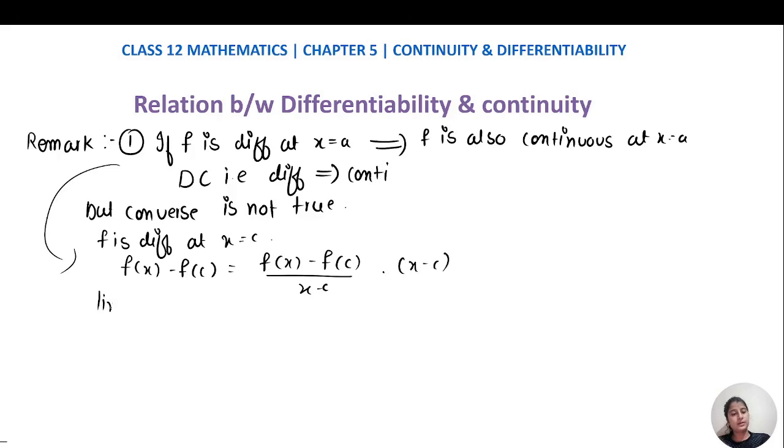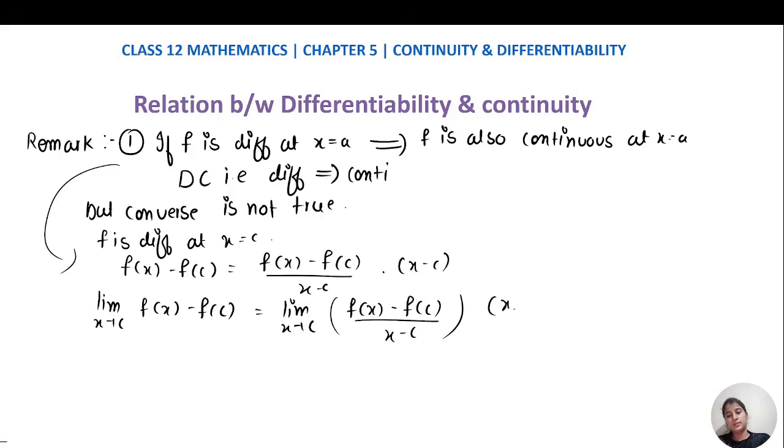Now take the limit as x tends to c. We know that the limit of (f of x minus f of c) divided by (x minus c) will exist because the function is differentiable. This is nothing but the derivative of the function, and the limit of x minus c is 0. So this side will be 0, and the other side will be the limit as x tends to c of f of x minus f of c, and as there is no x, it is just f of c.